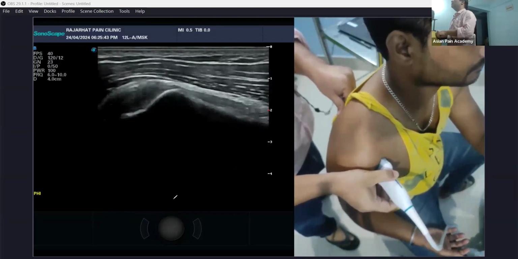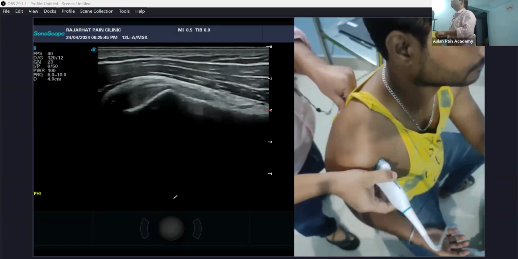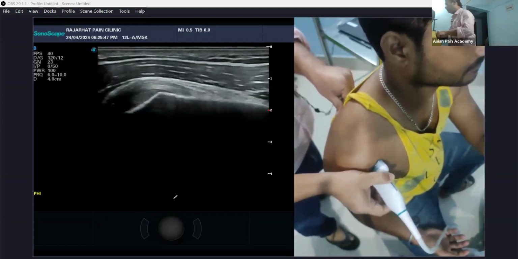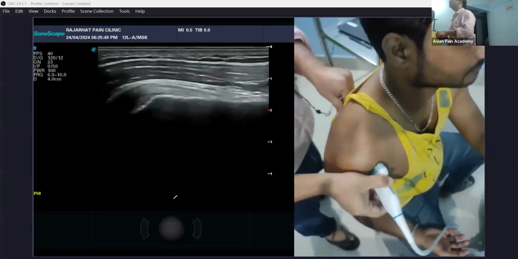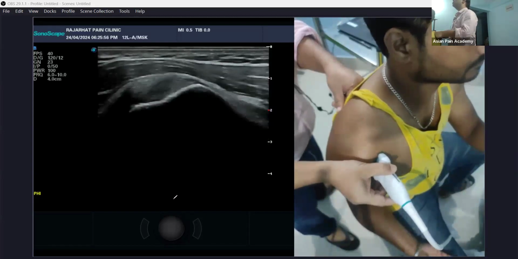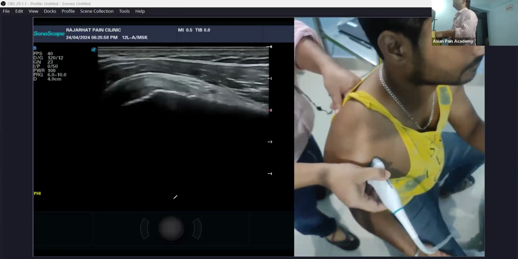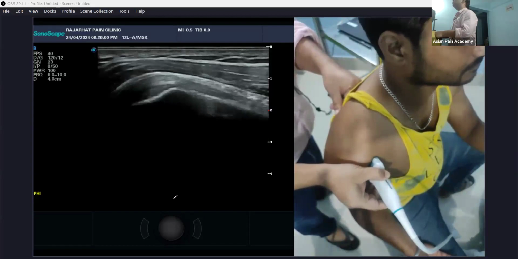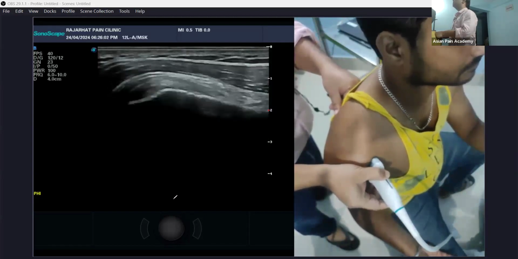Now I am coming a bit laterally, so this tuberosity is going. We are coming medially, and we can see the bicipital groove. So this is the bicipital groove and tendon.